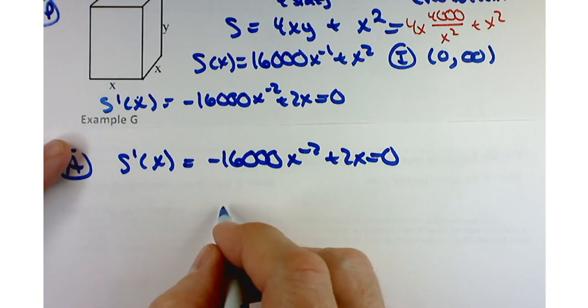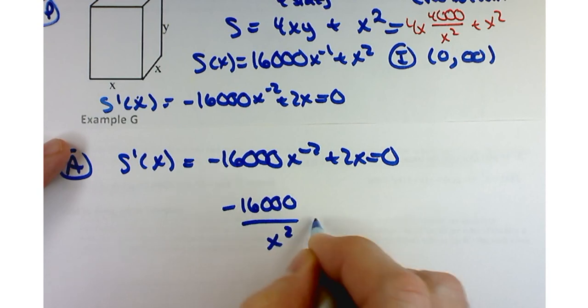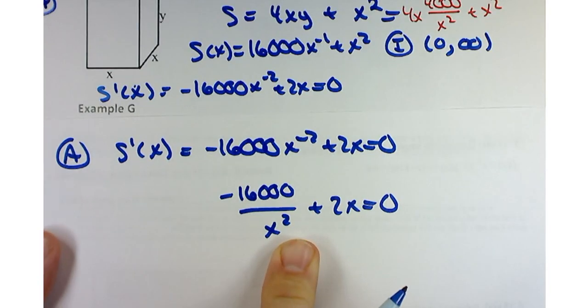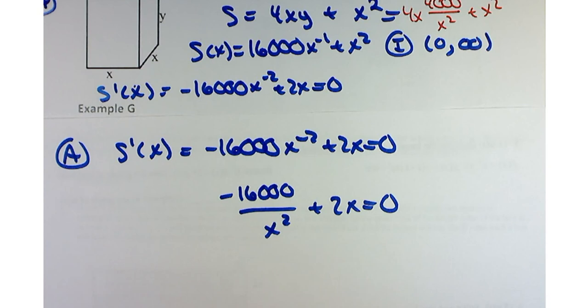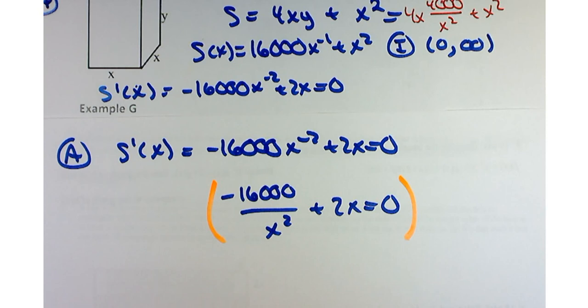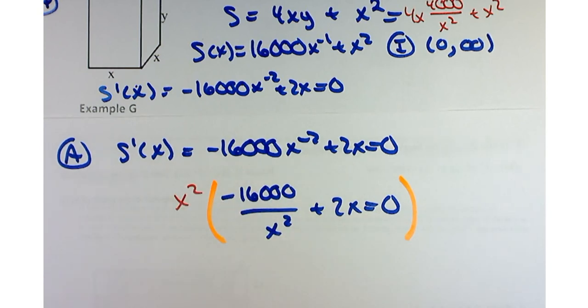You might want to write this as negative 16,000 over x squared plus 2x equals 0. Most of us don't like equations that involve fractions, so to get rid of the fractions, you could, anyone fill in the blank? Yeah, multiply by the lowest common denominator, in this case, x squared.